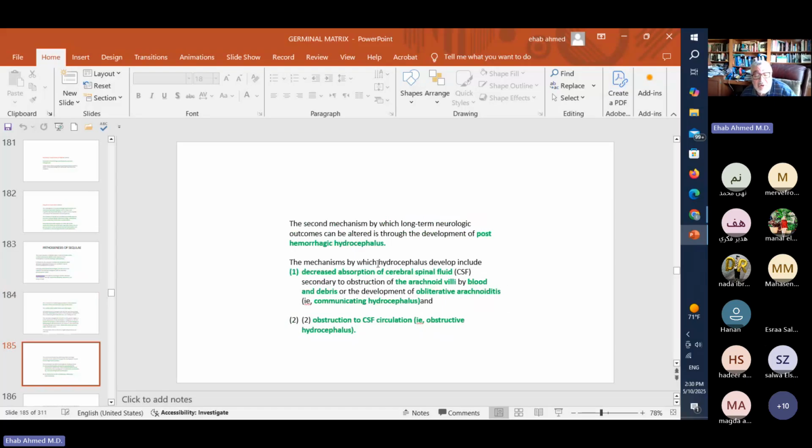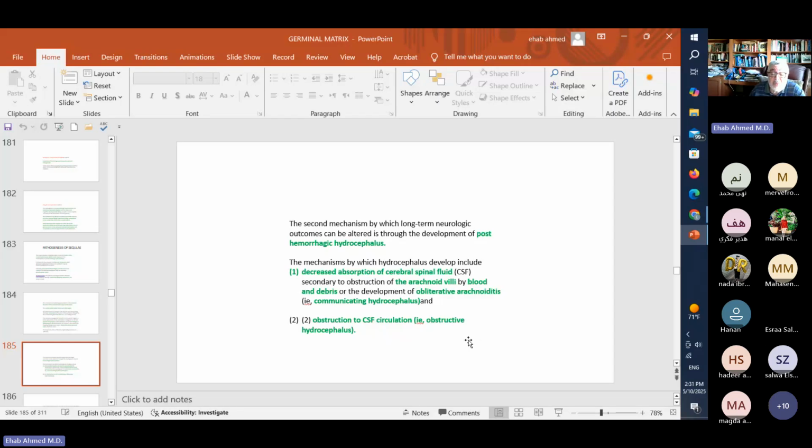How does the post-hemorrhagic ventricular dilatation or hydrocephalus occur? Decreased absorption of cerebrospinal fluid, as we mentioned, which causes communicating hydrocephalus because of the obstruction of the arachnoid villi by blood and debris. Obliterative arachnoiditis, this will cause, as we said, communicating hydrocephalus.